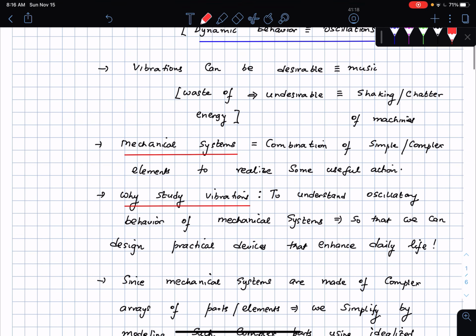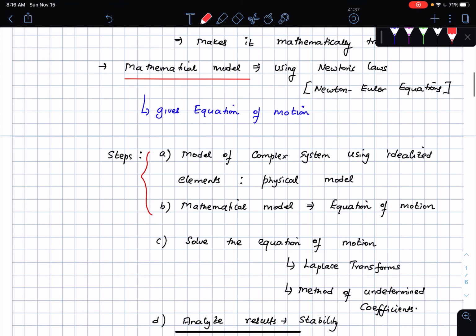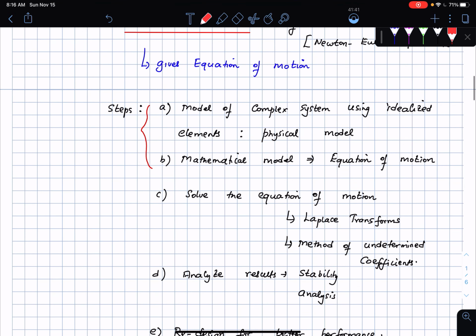Vibrations can be desirable or undesirable, and typically we use idealized elements to model the complicated parts of a mechanical system. This is mostly done to make it mathematically easier to attack the analysis of the system. There are many situations where we will have to revert back to complicated aspects of mechanical systems, but we will cross that bridge when we get there.